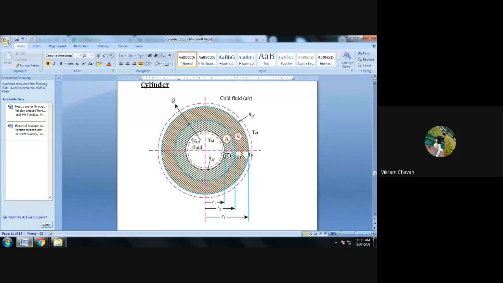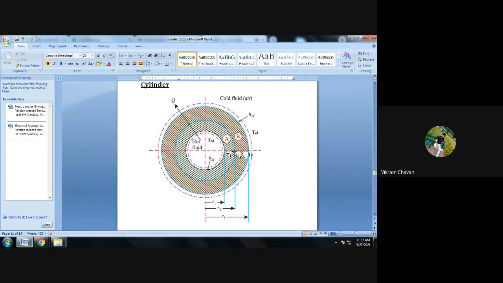Further, heat has reached the internal surface of A cylinder. Now heat will transfer from the internal surface of A cylinder to the external surface of A cylinder, so heat is transferring within the thickness of the cylinder, and that heat transfer mode is conduction heat transfer.